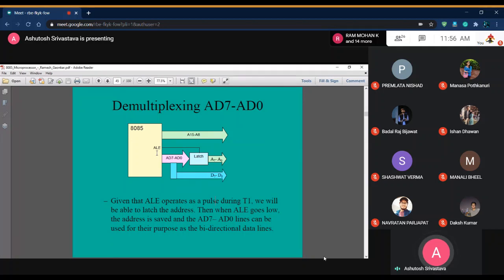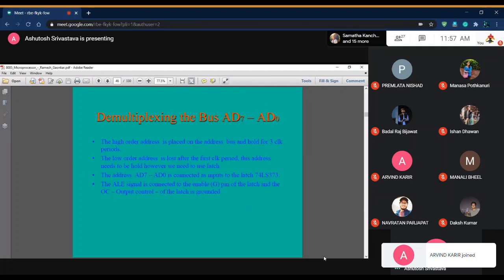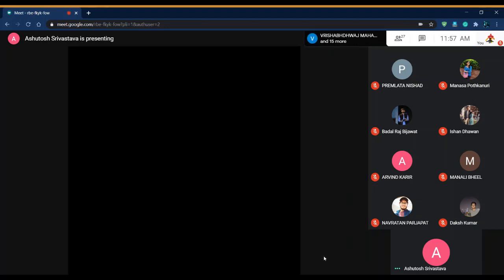So the difference between this and this is 2 clock pulses. Is it clear? Manali? Daksh? Yes, sir. Clear.